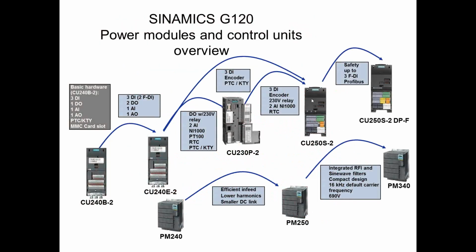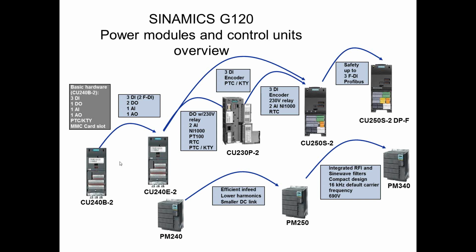Here's a listing of the current offerings in the controllers, and it's not quite exactly up to date, but it's very close. You have a CU240B-2. It's a basic controller unit. As you can see, it has 3 digital inputs, 1 digital output, an analog input, and an analog output. Pretty basic hardware.